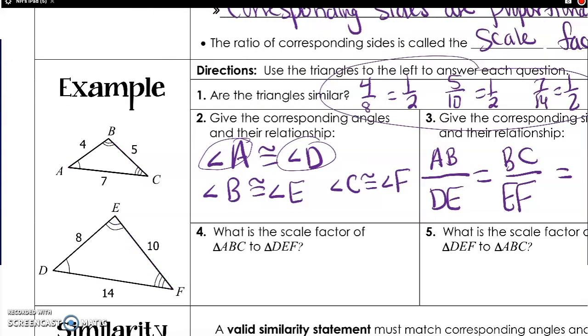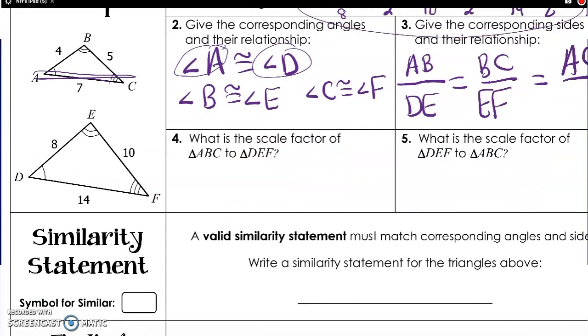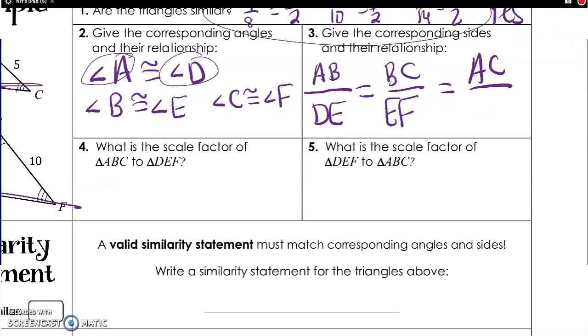So A to C, from A over to C, we need to be careful here, D to F. So we write that ratio. So for the angles, you write congruent signs between them with the angle marks. For the sides, you write all the ratios out.